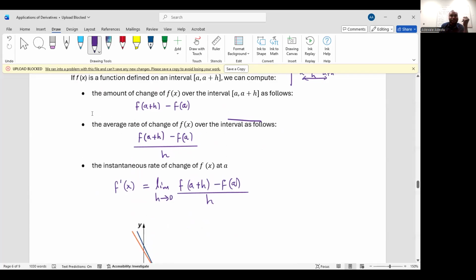If we pick our h to be very, very small, 0.0000000000001, I can claim that I can write this as f prime of x is approximately equal to f of a plus h minus f of a divided by h.